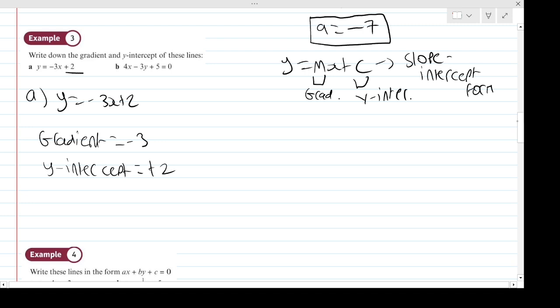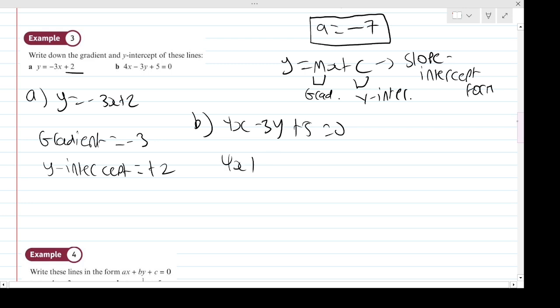Okay, cool. Then part B, we have 4x minus 3y plus 5 equals 0. Well, it's not in this form, right? y equals mx plus c. Well, that's telling me I need to rearrange this to get y on its own. So that's what I'm going to do. So firstly, I'm going to move the minus 3y to the other side.